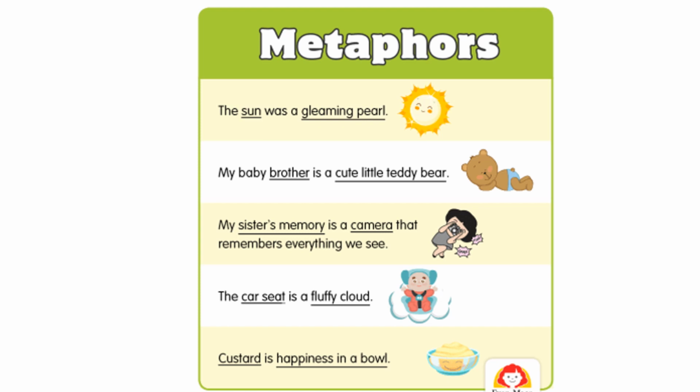If you say the man is like a monster, now that's a simile. Custard is happiness in a bowl. So that's a metaphor. You can say custard is like happiness in a bowl, but that would make it a simile. So they're basically the same thing. They both compare, but the simile should have as or like, a metaphor doesn't.